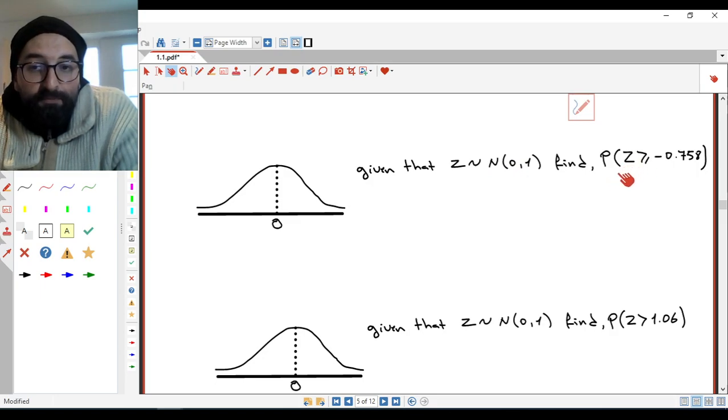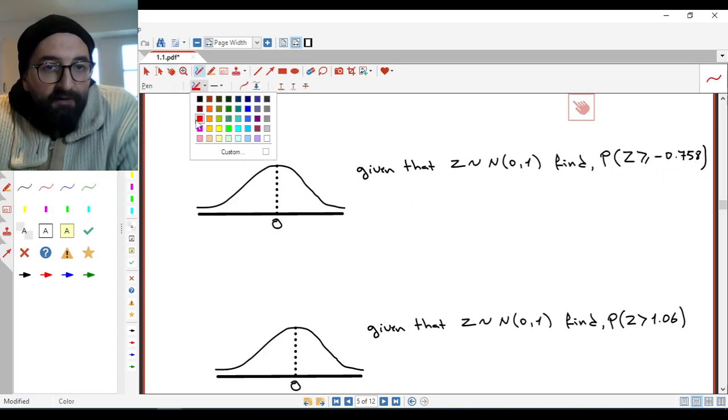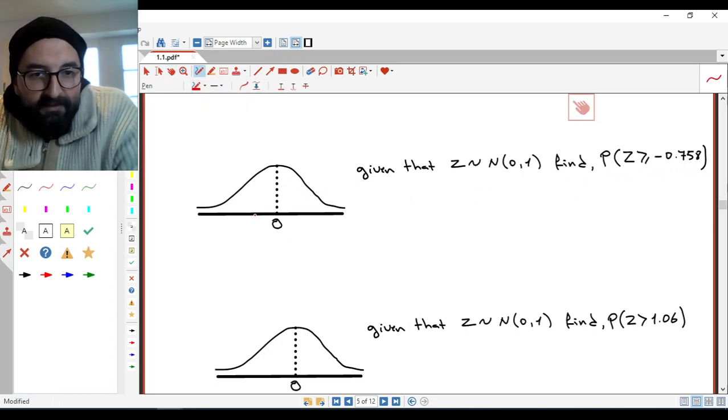And the other question: given that z is normally distributed, I am looking for the probability of z more than this. Firstly, we have to find negative 0.758 here and draw a line, and determine which area I am looking for. More than this point is here.